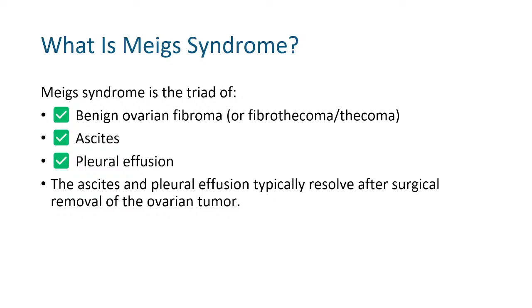So if one of those is missing, it is no longer Meigs' disease, it can be pseudo-Meigs' disease. So the triad is benign ovarian fibroma or thecoma, ascites and pleural effusion. The ascites and pleural effusion typically resolve after surgical removal of the ovarian tumor.